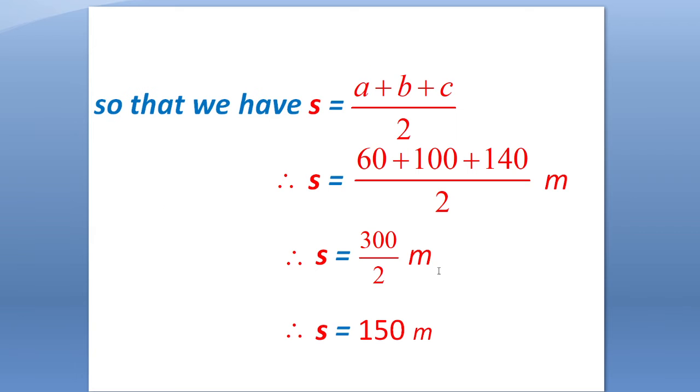Now see, S is equal to A plus B plus C by 2. S is equal to 60 plus 100 plus 140 by 2. S is equal to 300 by 2. Therefore, S is equal to 150 meter.